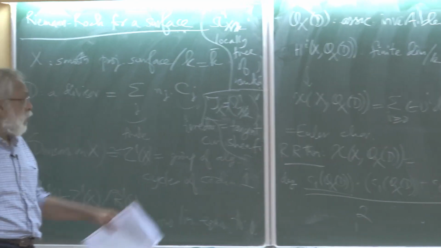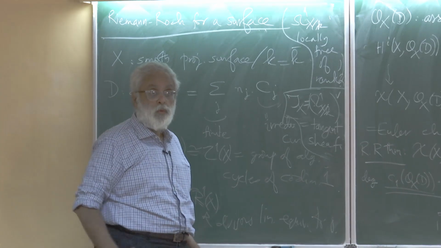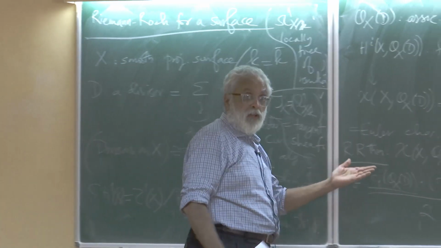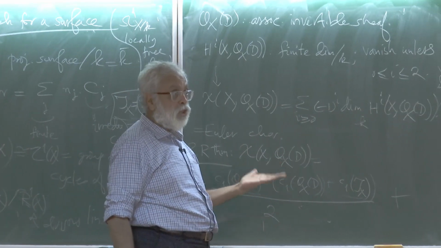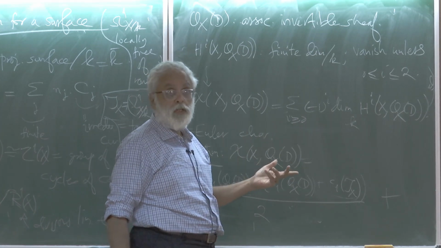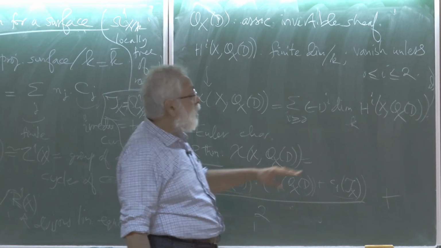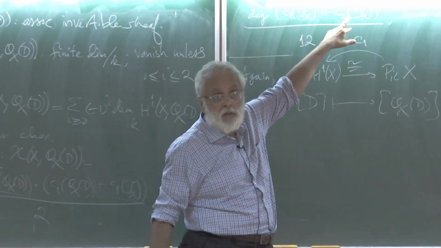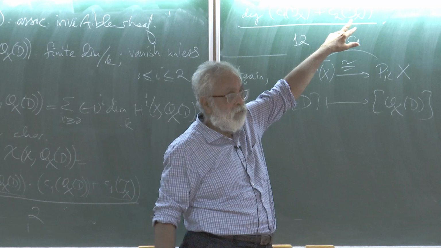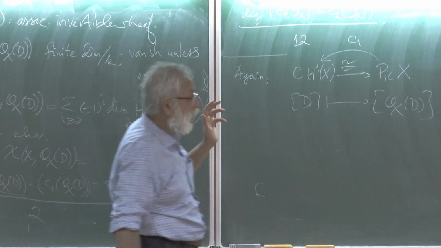This is again some locally free sheaf of rank 2. But now because I'm on a surface, there are Chow groups, Chow upper 1 and Chow upper 2. There are two of them. So, for example, there's the possibility of C2 of a rank 2 sheaf. So this is a new type of thing which I put on a surface.